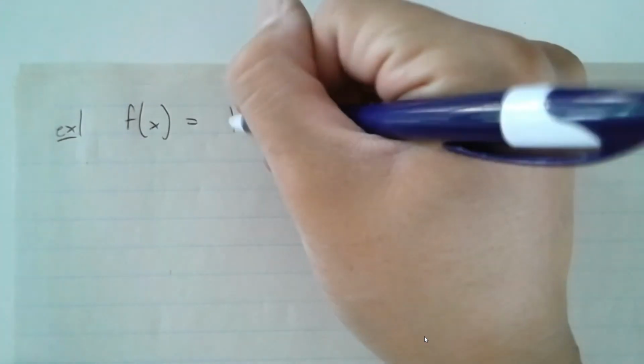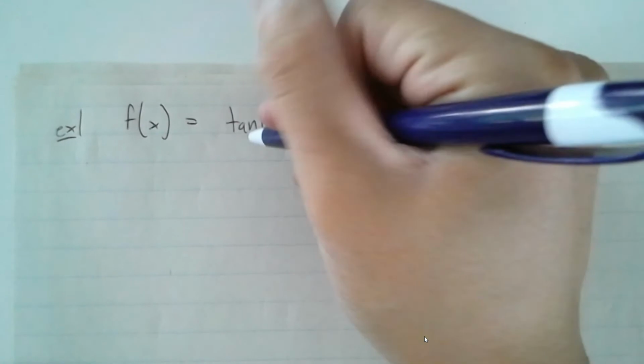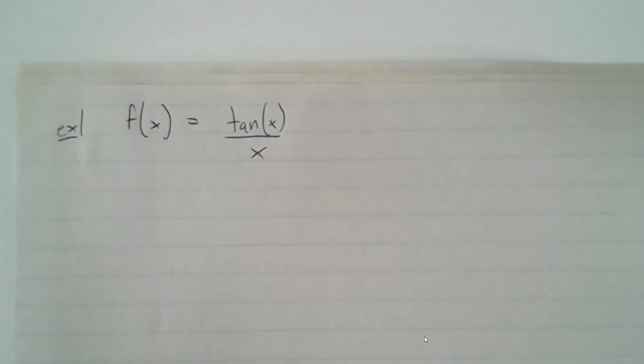You guys are going to love this, every little bit of it. So today is just a lot of practicing with these derivatives. But this is also a slightly different type of problem, so be very careful, right? Let's say that f of x is equal to tangent of x divided by x. Who knows what this function could be? This could be a function that represents how your business is doing financially. Who knows?